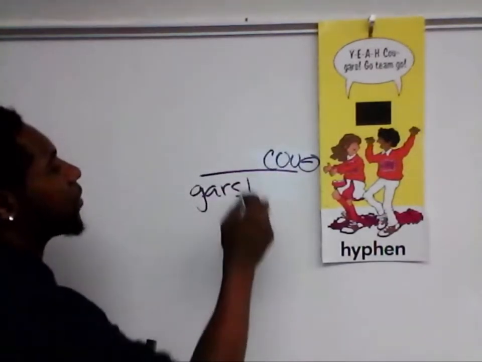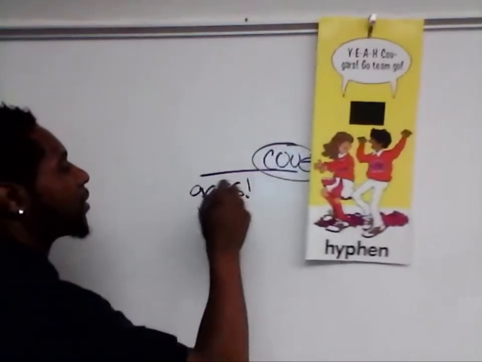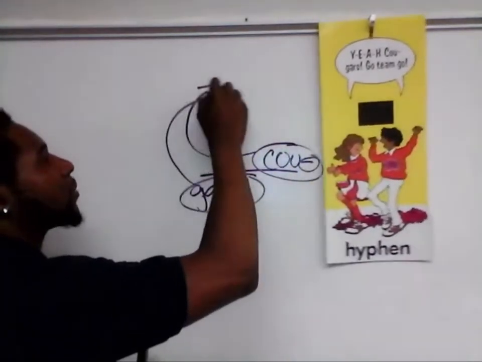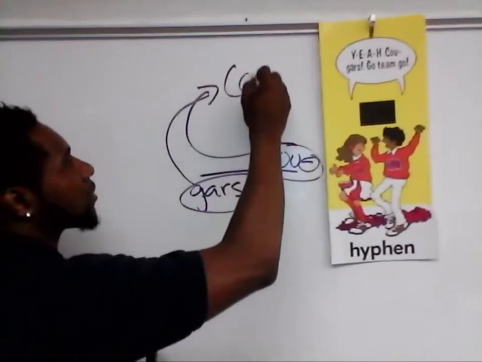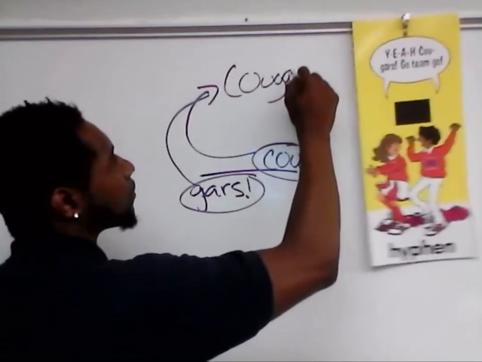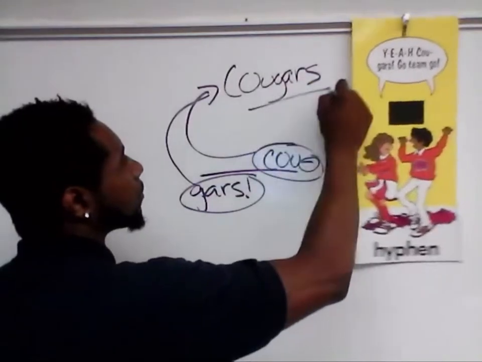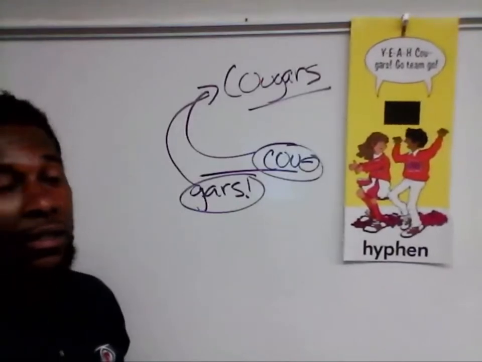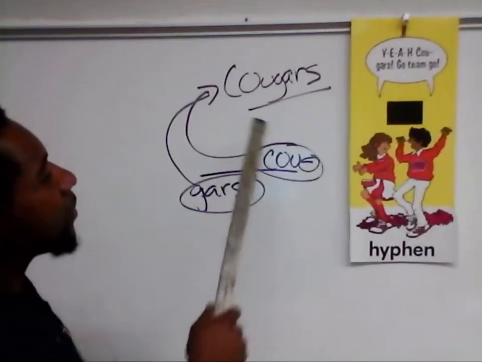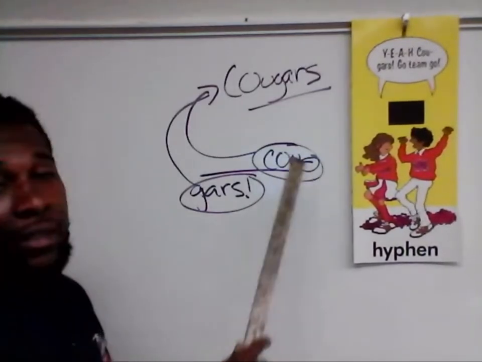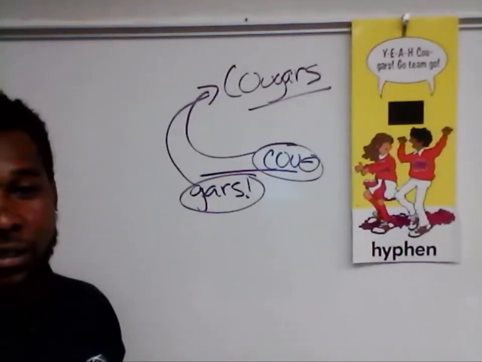So we can equal this one and this one will equal cougars. So we know that word itself is an animal, but the hyphen makes sure we see that they're bridged together.